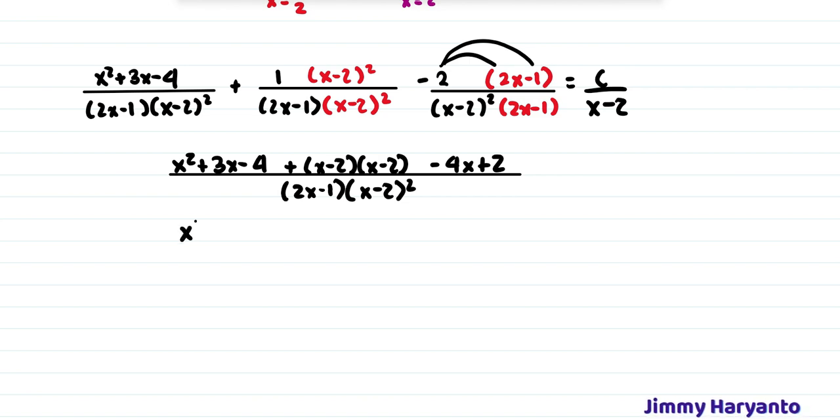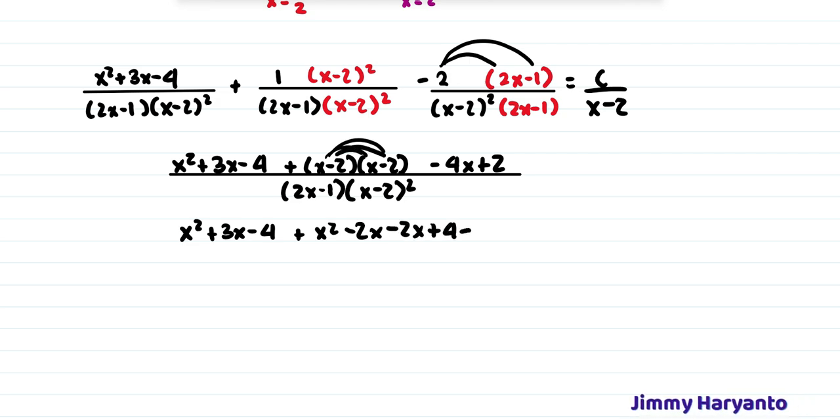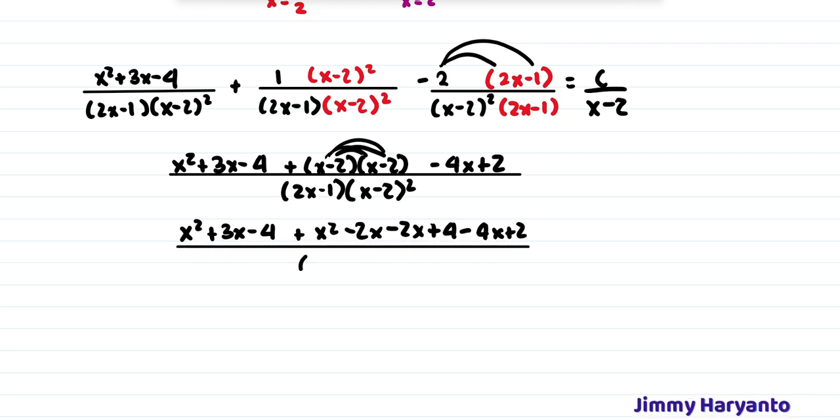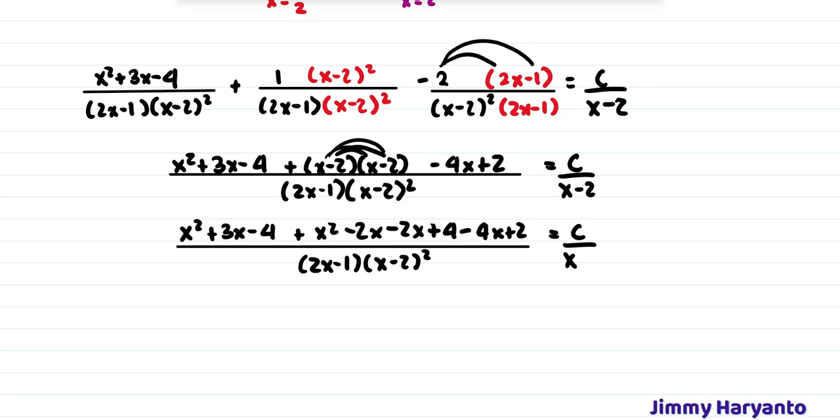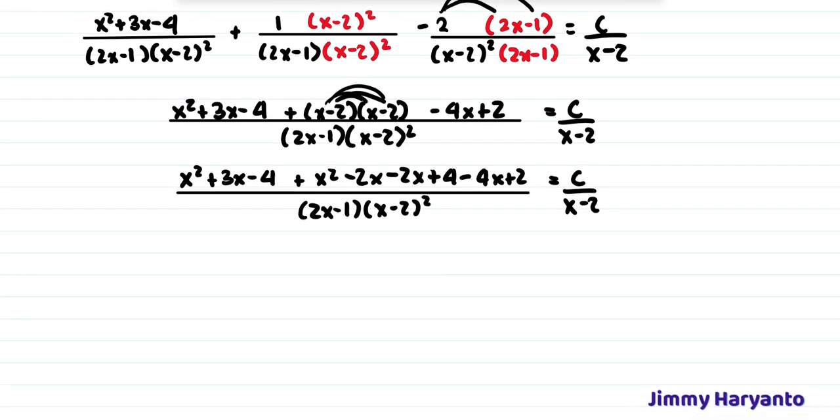Okay, let's simplify. x squared plus 3x minus 4. This one is x squared minus 2x, and then minus 2x, and then plus 4, minus 4x plus 2 over 2x minus 1 and x minus 2 squared. Actually, we still have c over x minus 2 on the right hand side. Okay, and then just simplify.